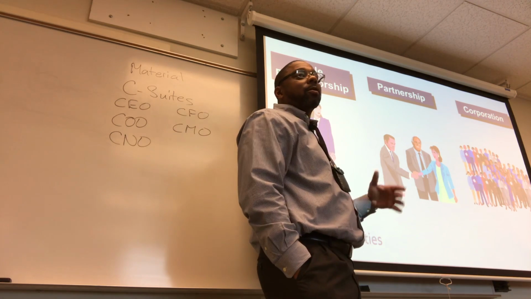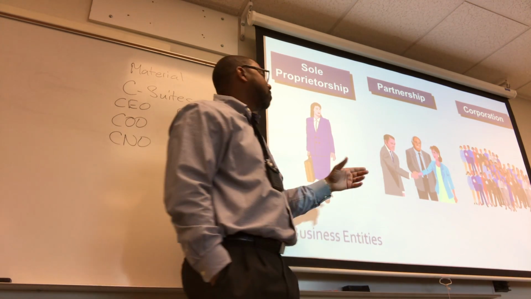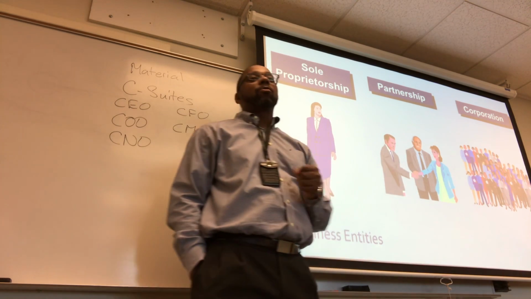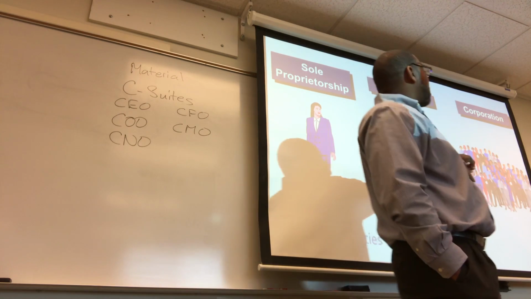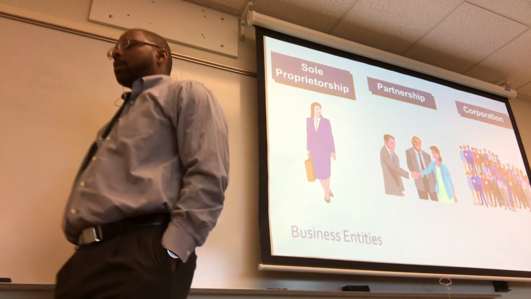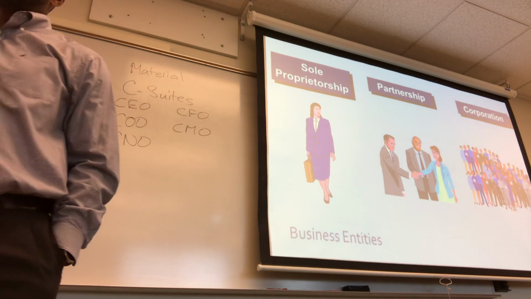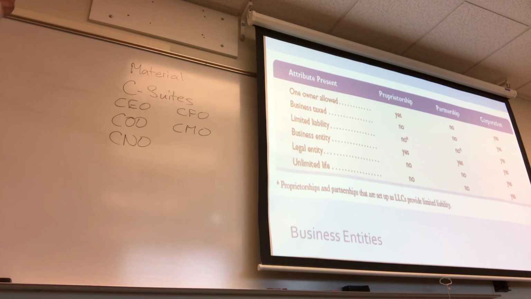They're their own person, and they go out and just start doing business. Partnerships are when two or more people come together to create a business. And corporations do have a state filing requirement. They are incorporated. And that's when either one person or many people can come together to create an organization. Okay.